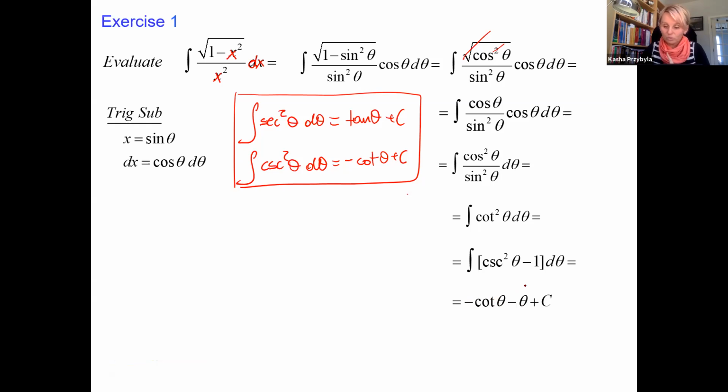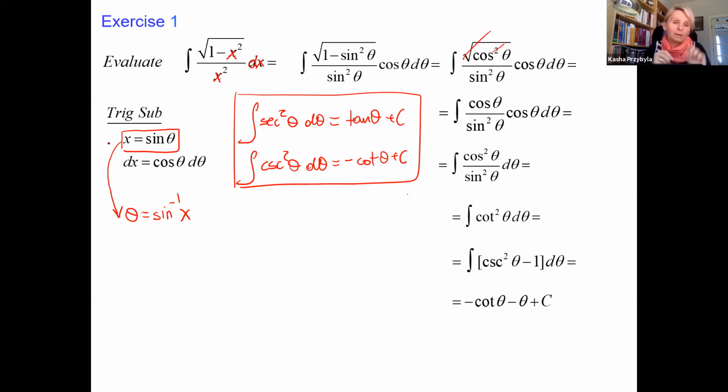That means we can rewrite theta quite easily, because theta will be just inverse sine of x. That's good. But we also have cotangent theta. My substitution was sine theta equals x, right?